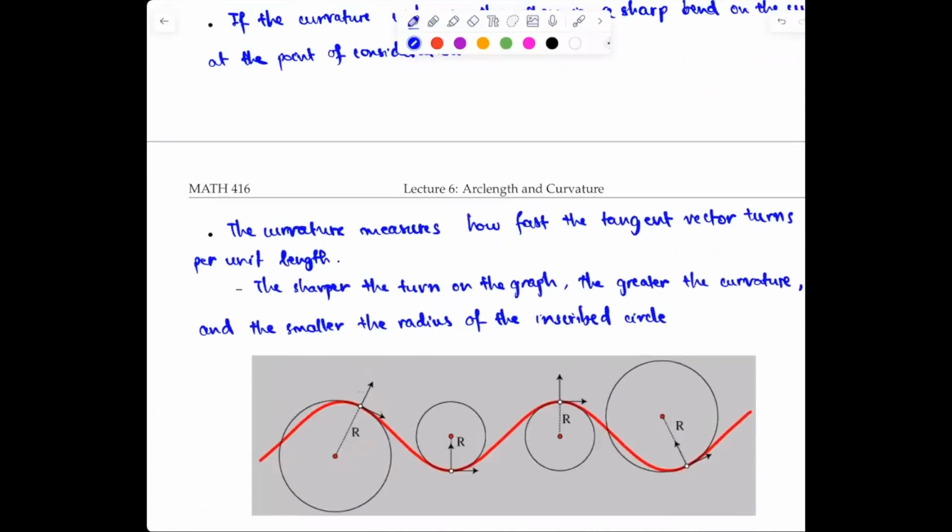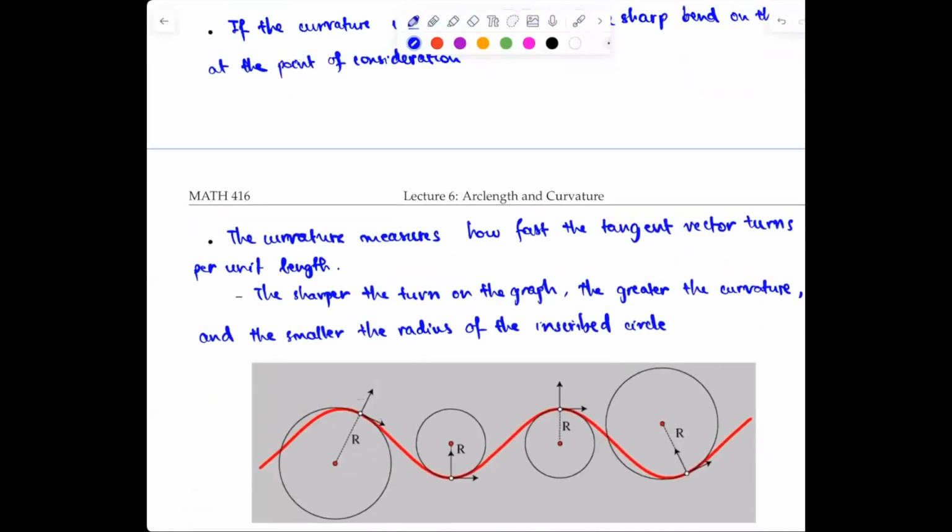So let me again follow along with this statement right here. The curvature measures, when you make the measurement, that means the magnitude or the length, how fast the tangent vector turns per unit length. Right, so this is the rate of change of the tangent vector with respect to arc length.